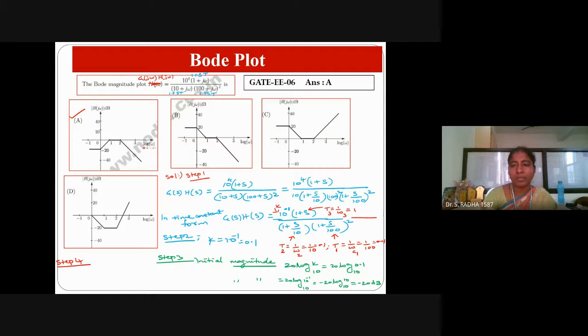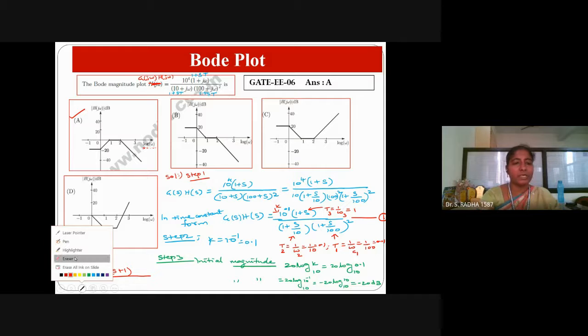This is equation number 1. I will operate on equation 1. G of s, h of s is nothing but 10 power minus 1 times (s plus 1) divided by the denominator.